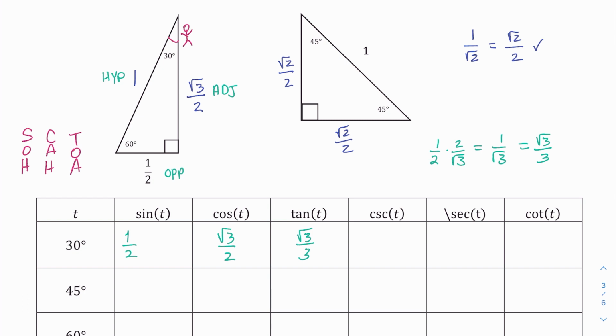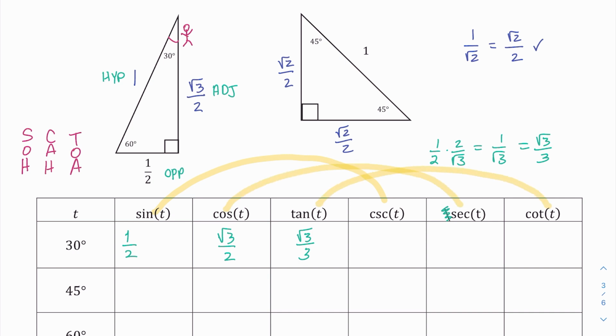Now, I like to use the reciprocal identities in order to find the value for cosecant of 30 degrees, secant of 30 degrees, and cotangent of 30 degrees. Think about how these are related, right? These are the reciprocals.